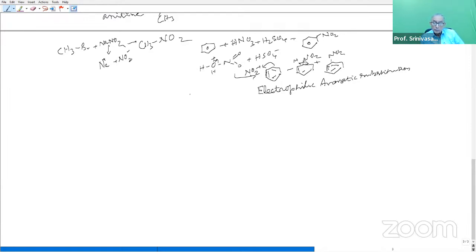So this is a very important type of reaction to form nitro compounds, aromatic nitro compounds. And this usually on reduction, in the presence of hydrogen and nickel, gets reduced to aniline. This is the most important way by which aniline is prepared in aromatic chemistry.